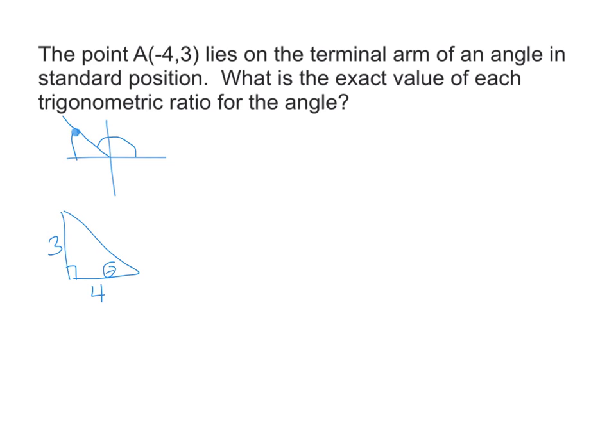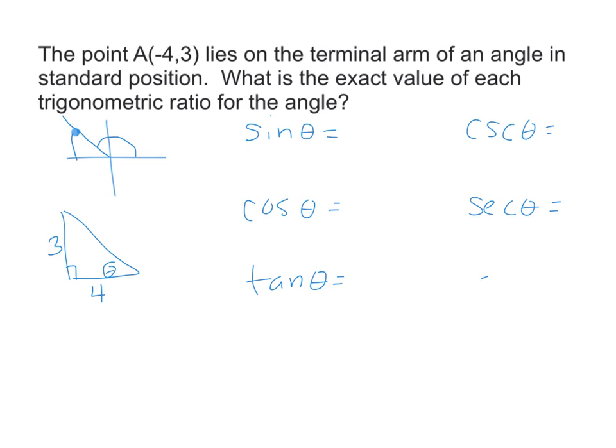So we want to find the sine of that angle and the cosine and the tangent. Do you want reciprocals too? Yeah, let's do those too, because that's easy enough. So we'll do cosecant, secant, and cotangent.